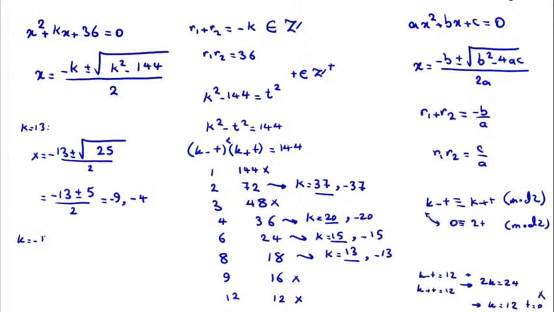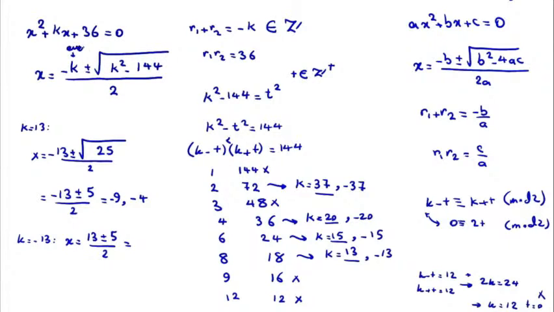If k is negative 13, it will be the same, but instead of negative 13, it will be plus 13 plus or minus 5 over 2. Again, when you negate these, you should pay attention that the numerator divided by 2 should be even. But if k is odd, this part will be also odd. Odd plus or minus odd is even.